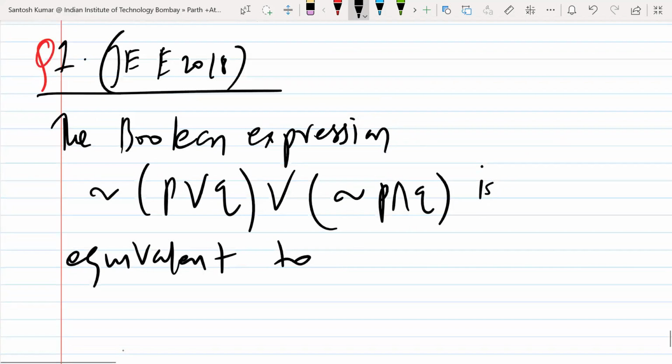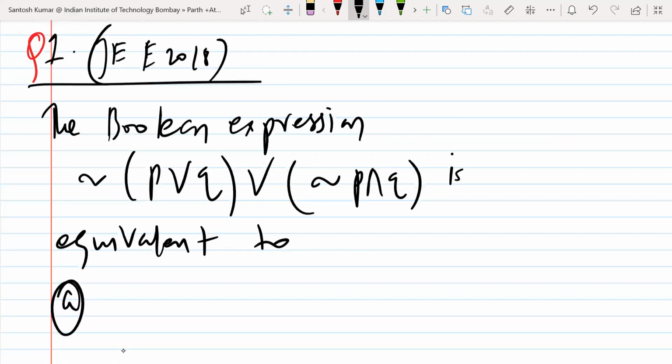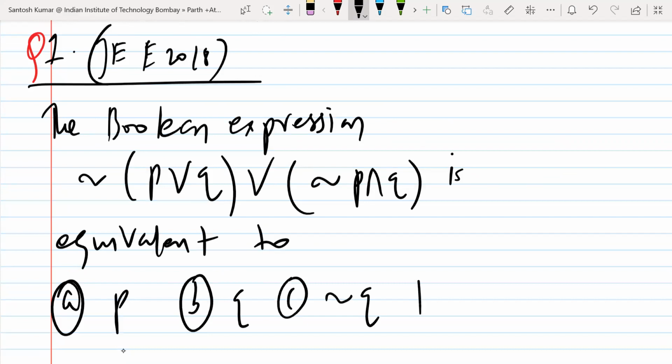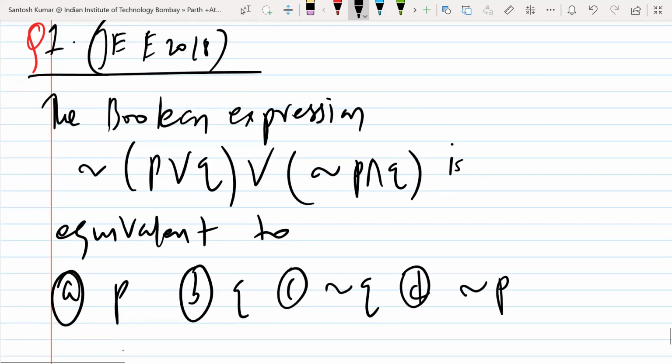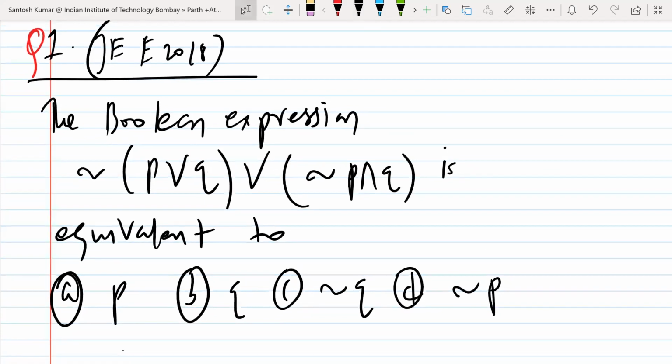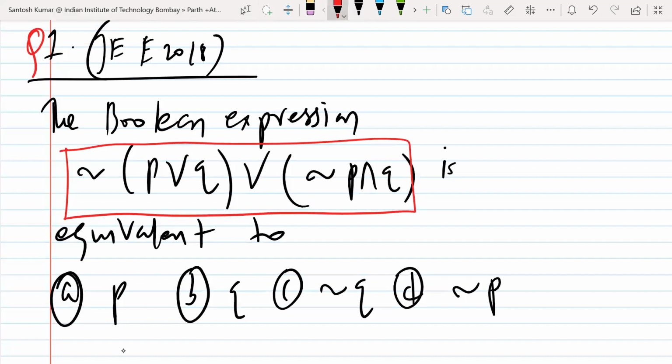The first option is statement P, second option is Q, third option is not Q, and fourth option is not P. Please try and tell me quickly. You have to prove which of the four given options this statement is equivalent to.